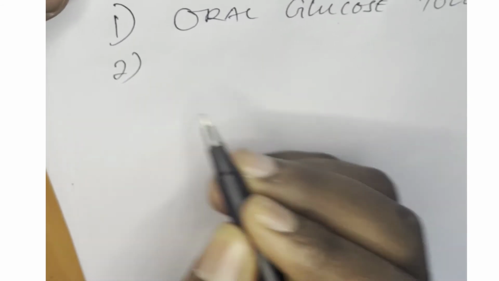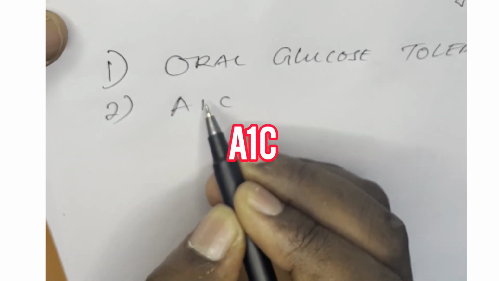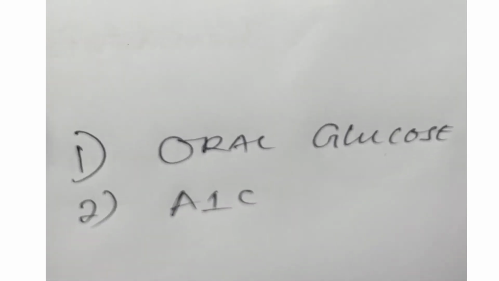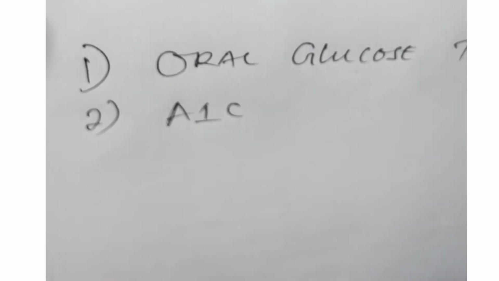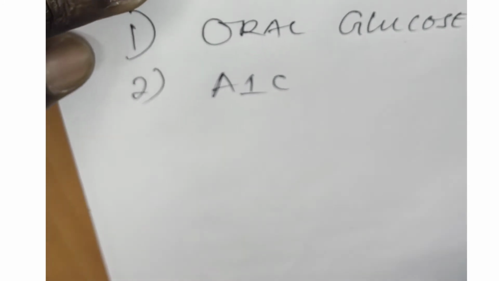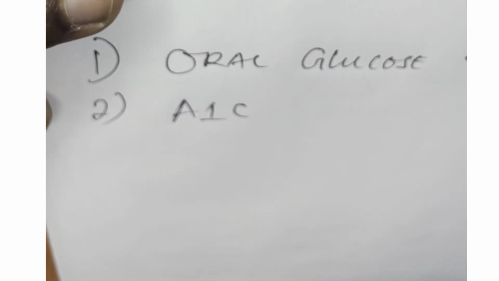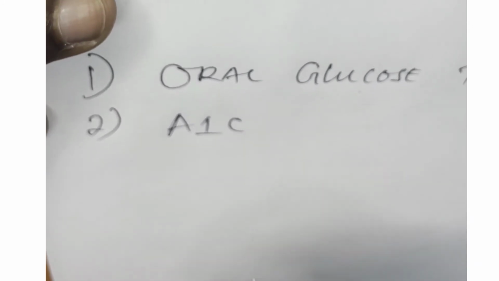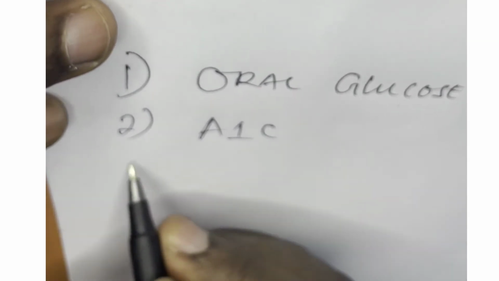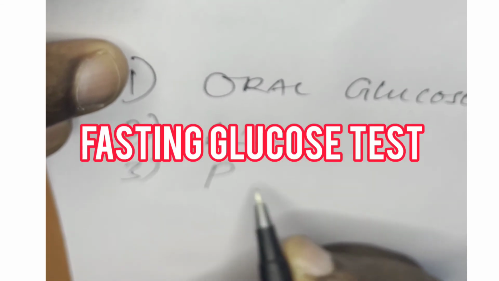The second is A1C. A1C is also a test carried out in the laboratory that helps us see how much glucose is bound in the body. We use it to diagnose the presence of diabetes mellitus. Number 3, we have fasting glucose.